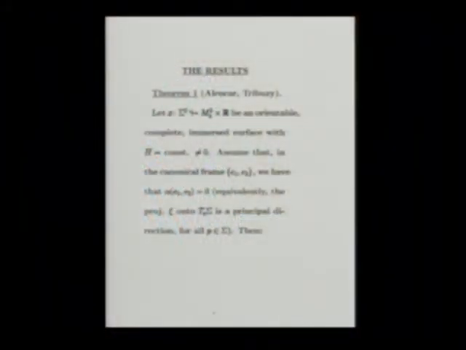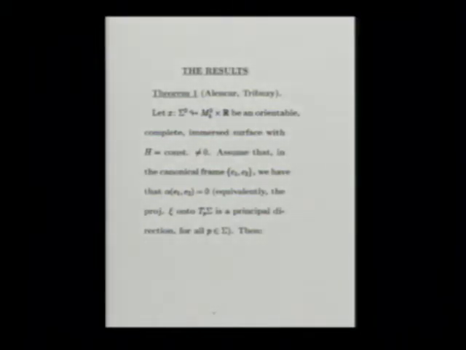But then the results we are going to talk about: the first one is the result with Tribuzy and Alencar, which I already mentioned. You have this surface, an orientable, complete immersed surface with H constant, non-zero.